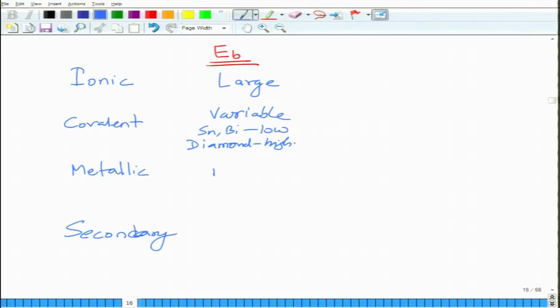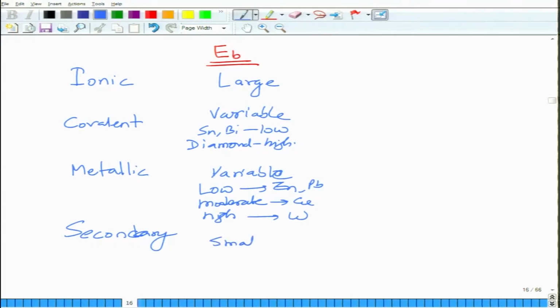Metallic bonding is variable again: low, moderate, high. So, low will be things like zinc, lead, moderate will be for things like copper, and high will be for things like tungsten. Of course, defining the boundaries is not very easy, and secondary bonding is very small.